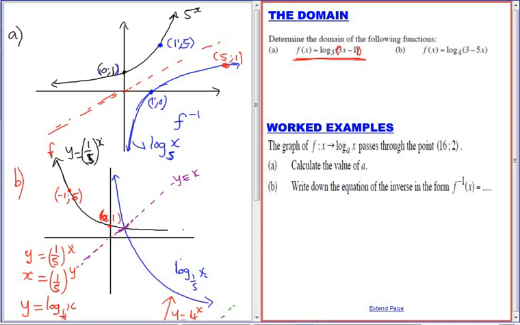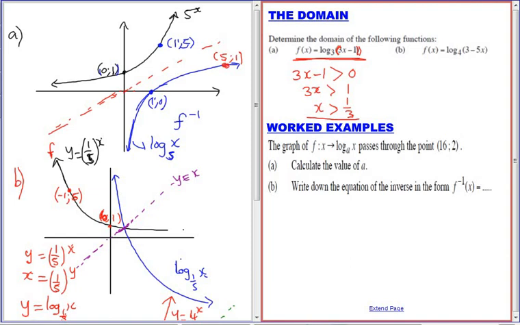So if you want the domain of that, all you need to do is to say 3x minus 1 should be greater than 0. You will be able to easily find the domain of that one. So notice, and I'm sure everyone can see, x is greater than 1/3. Of course, you write your x as an element of real numbers as well.